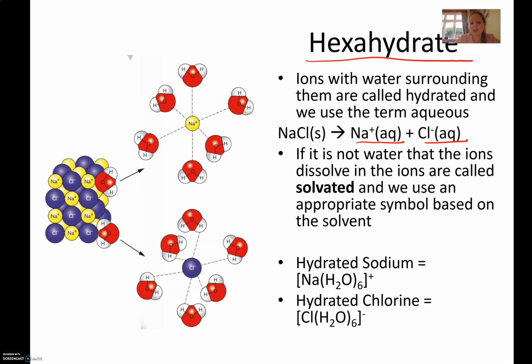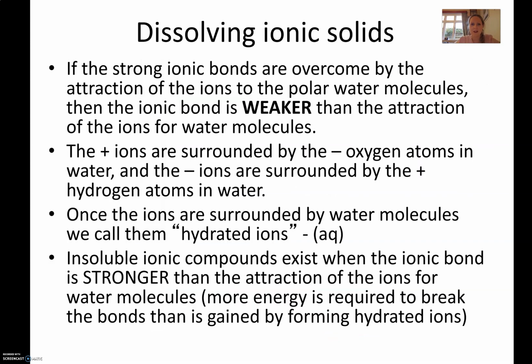That's pretty cool. If you wanted to be technically correct, that's actually what the ions look like in water, but you will not be asked this in your exam. So there's 6 waters surrounding the sodium, and that's why this has got a positive charge, and there's 6 waters surrounding the chloride, and that's why it's got a negative charge. Don't need to know for your exam, but it's interesting.